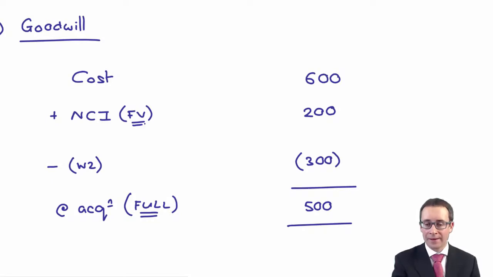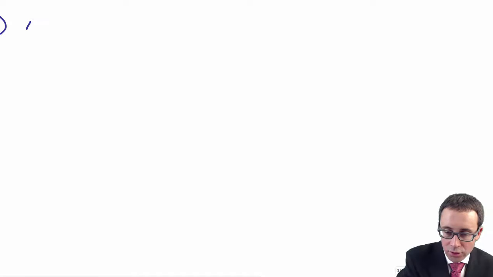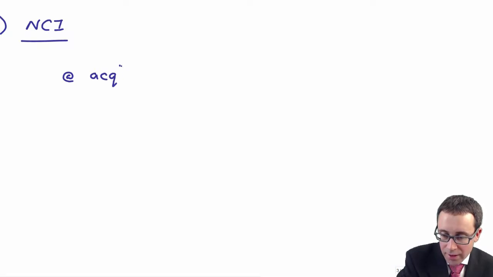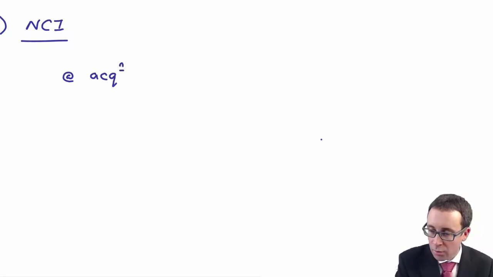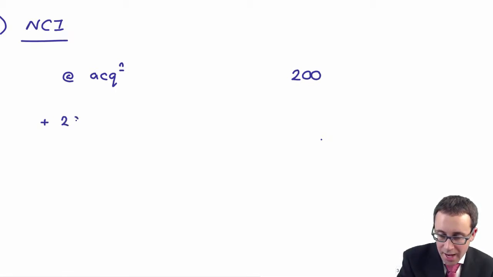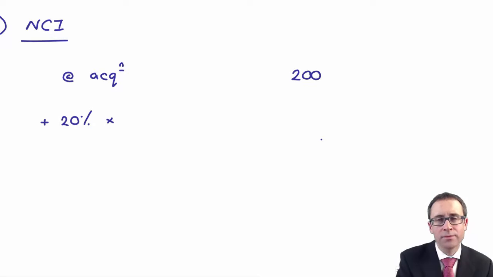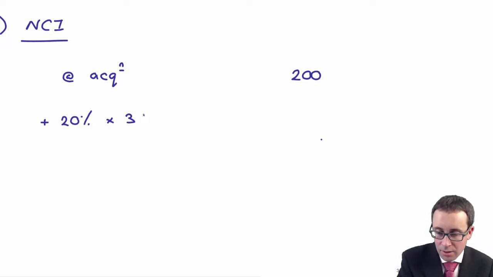Okay, excellent. Working number 4 is my non-controlling interest. So we take the non-controlling interest at the date of acquisition. So was that my 200, to which I add on the non-controlling interest share, 20% of the post-acquisition profits of the subsidiary.